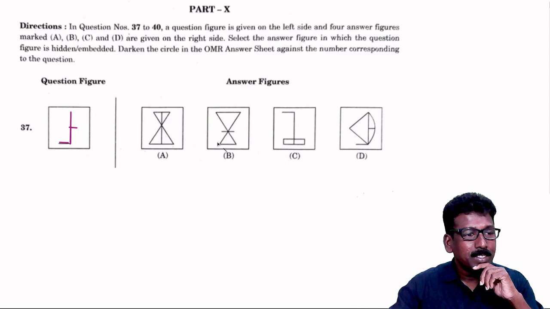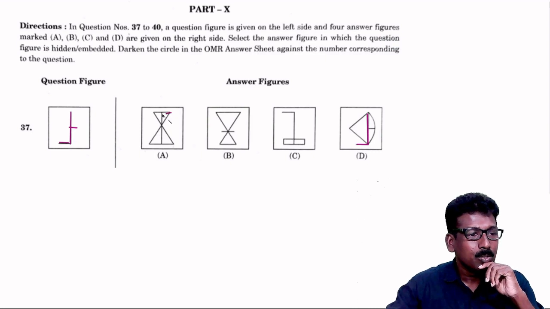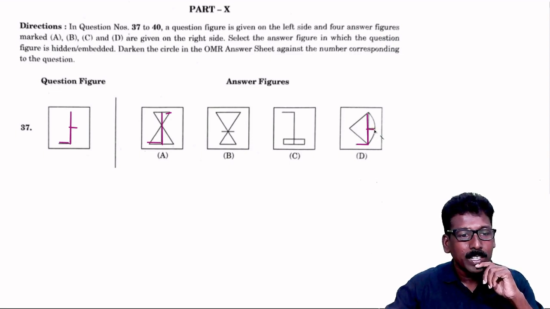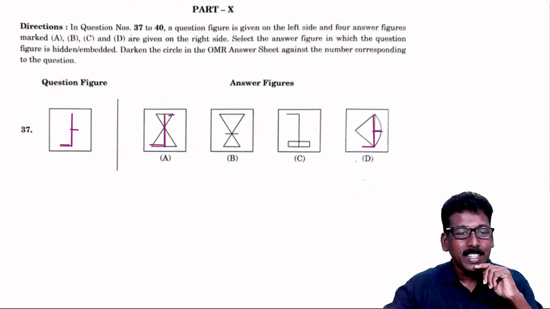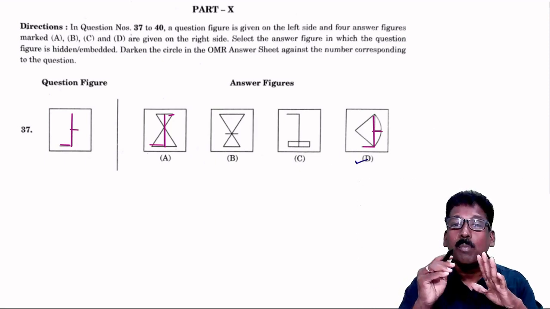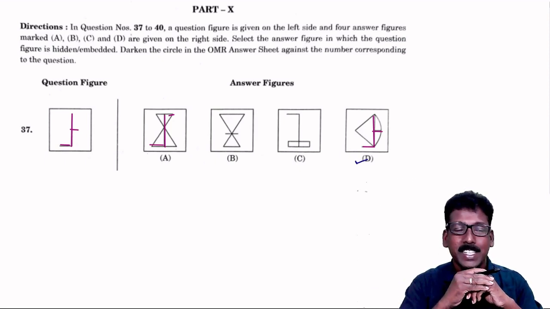So that one exactly you can see here also, an image like that. Here also you can see the image, but here only the cutting is there. That means option D will be the correct answer.